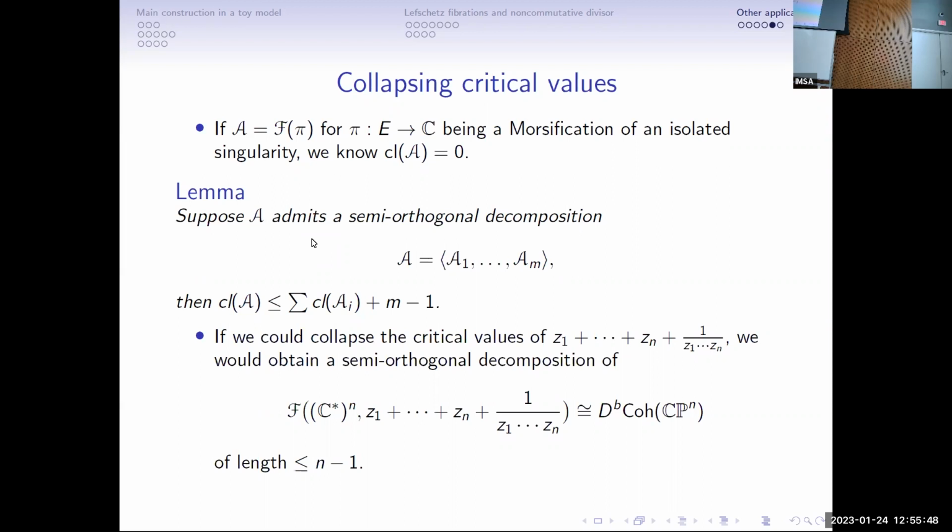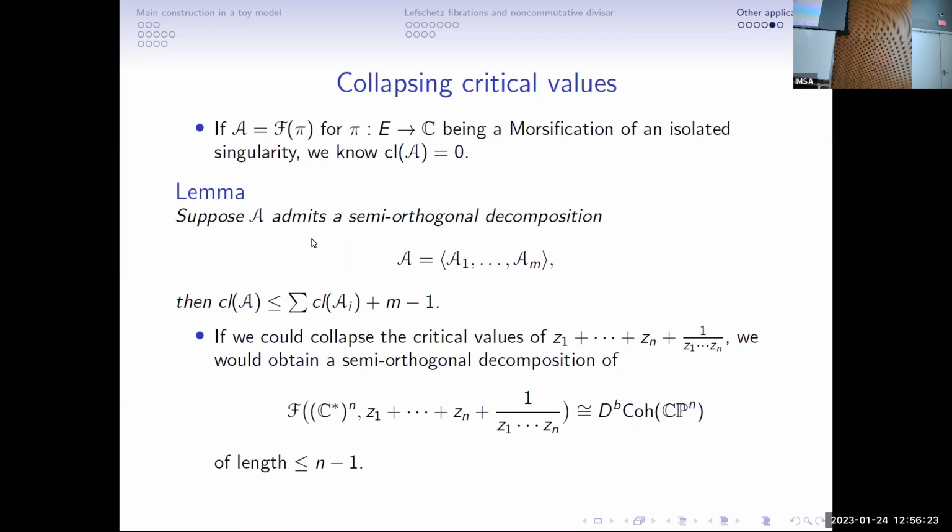Remember that for this potential, we have exactly n+1 critical values. If we could deform this function to a regular function with fewer critical values, near each critical value we should still have some kind of isolated singularity. If we perturb that locally near each critical value, we get a local Fukaya-Seidel category, and they give us a simplified version of the semi-orthogonal decomposition of the category for (C*)^n with this potential.